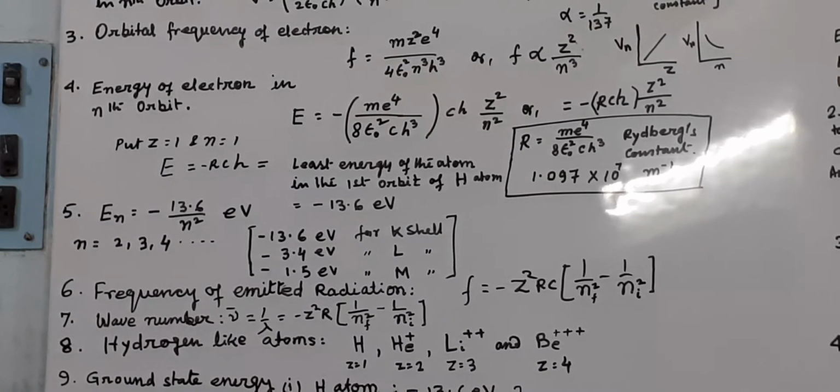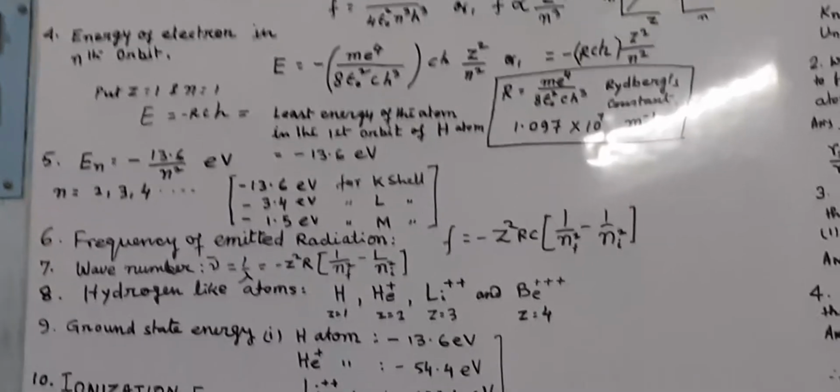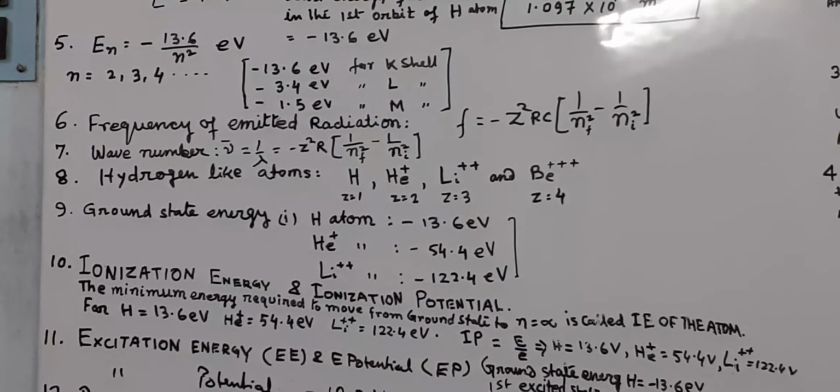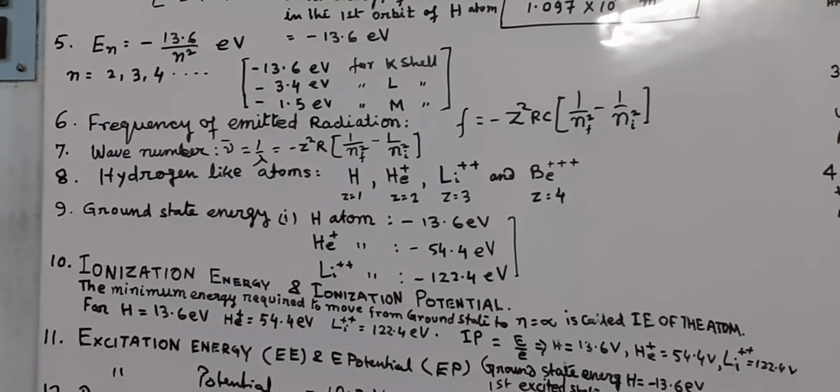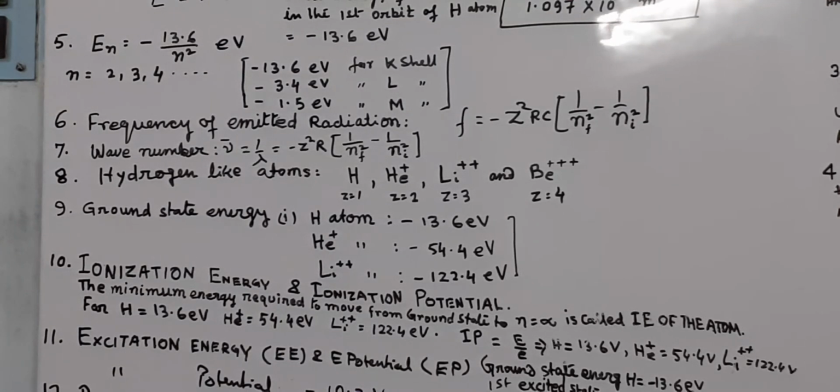Now, here E equal to minus m e to the power 4 over 8 epsilon naught square h cube into z square by n square. The simplified form is minus R c h z square by n square, where R is known as Rydberg constant, its value is 1.097 into 10 to the power 7 per meter.